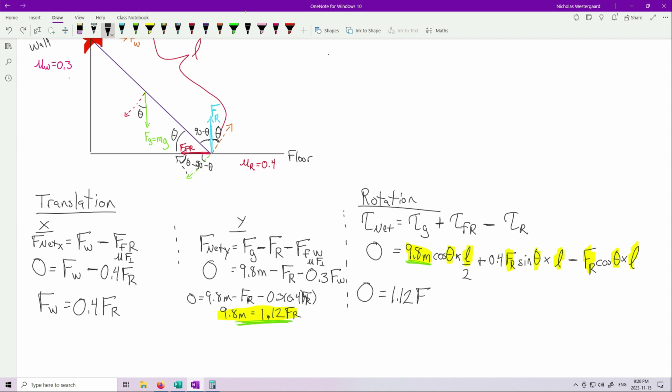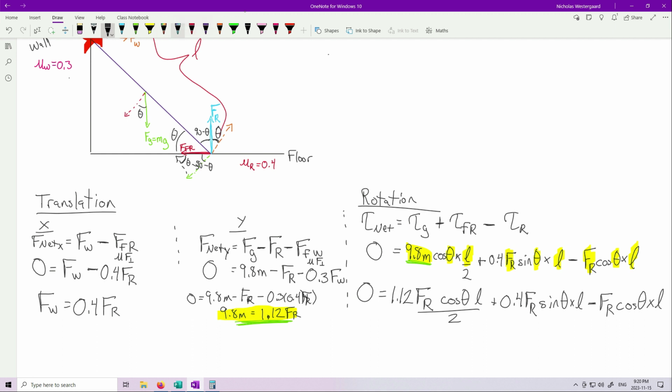That was sloppy. FR times cos theta times L over 2 plus 0.4 FR times sine theta times L, minus FR cos theta times L. And this tidies things up a fair bit.